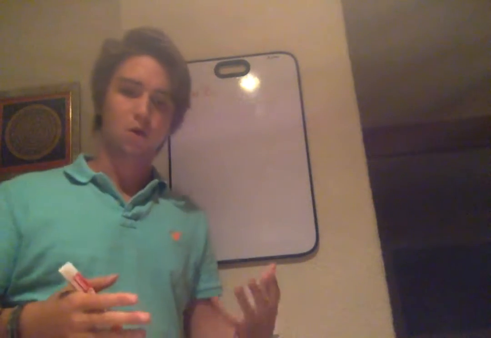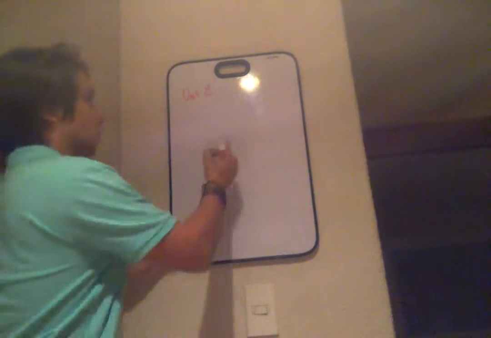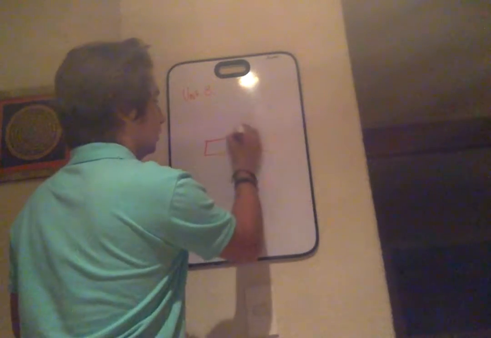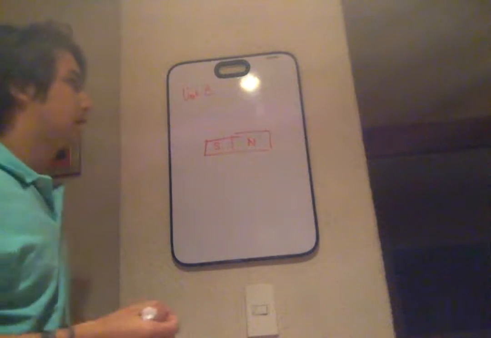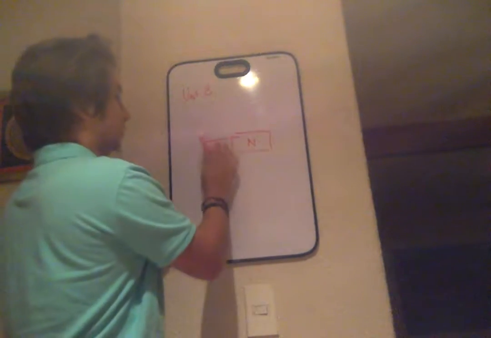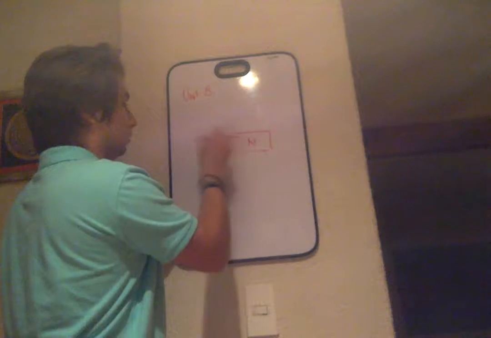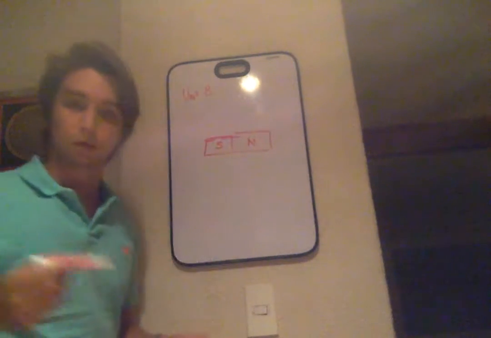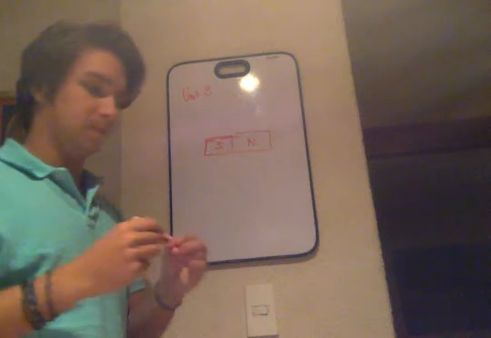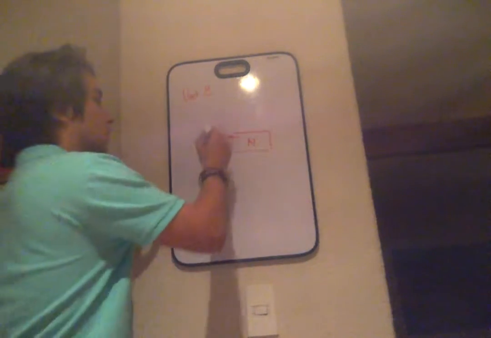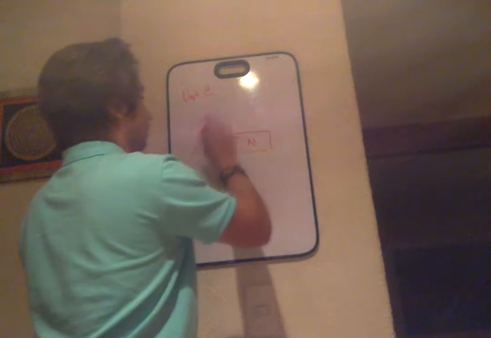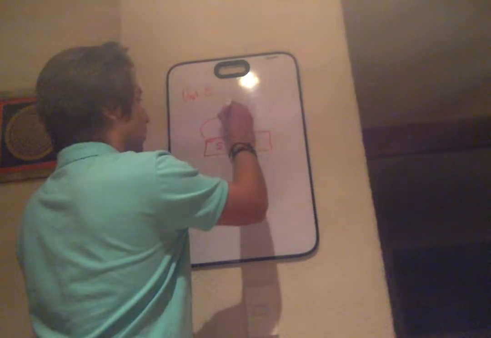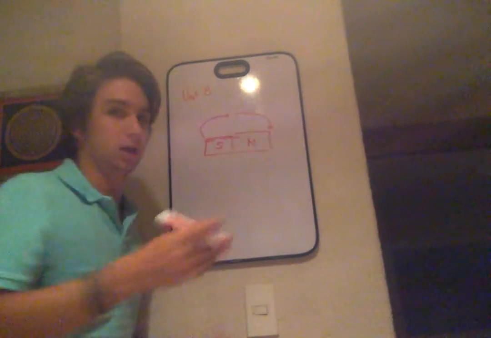The magnetic field is the space where, if we have this magnet, the magnetic field lines will always show the direction of the magnetic field.